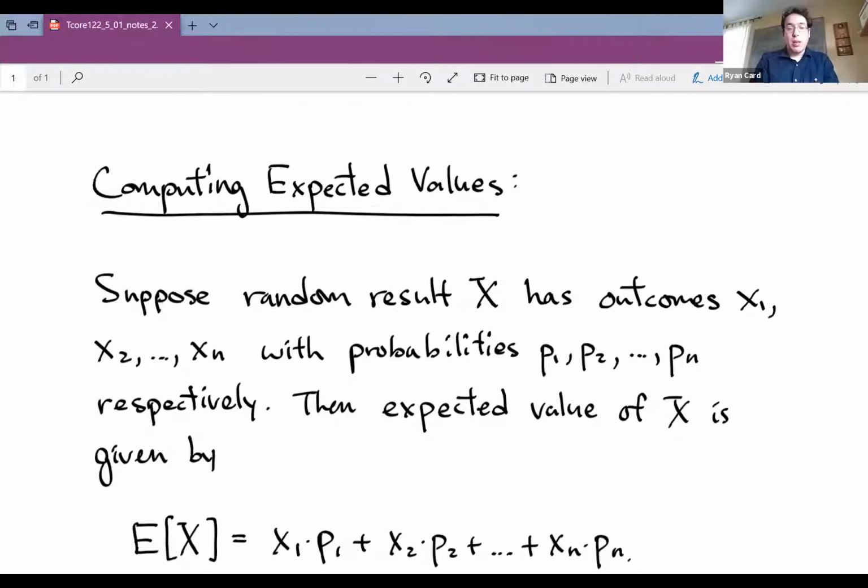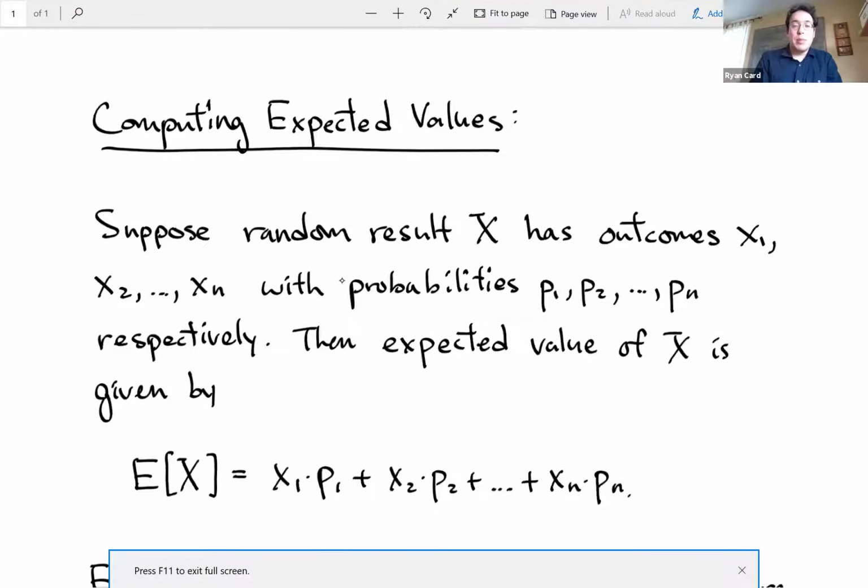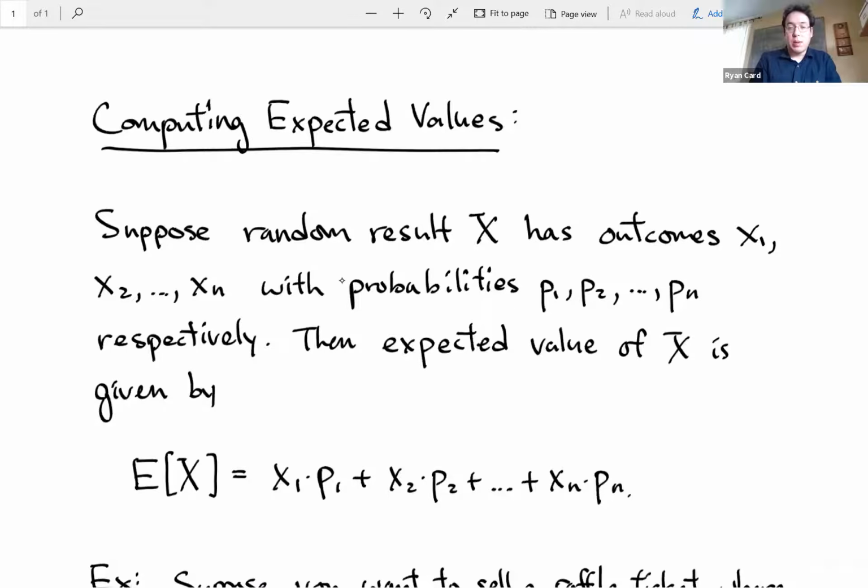Okay. So let's say we have some kind of random result that ends up with a number. We're going to call the random result capital X, and you could think of maybe a die roll, for example. And you have a number of different possible results.